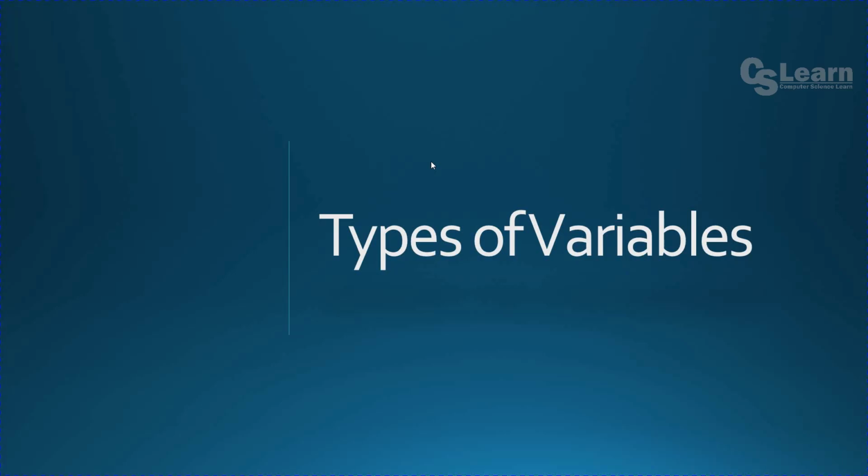In any language, the types of variable it can support depend on the types of constants it can handle. For example, if you define a variable in the C programming language, it must be relevant to its constant.